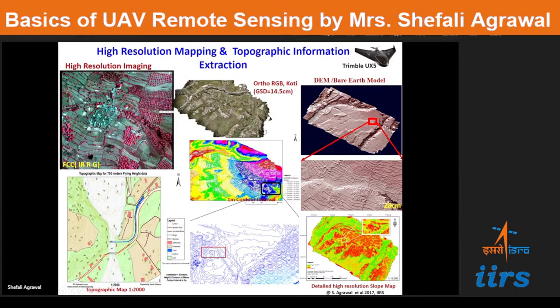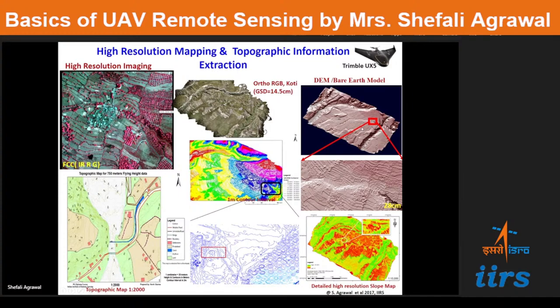And this is an agriculture field where you have orchards in between a small rural area, where a 1 meter contour interval could be generated. And from this, even the bare earth, that is, minus the terrain features like trees and buildings, the actual slope or terrain can be generated, because the density of the height points is so much that I can subtract the surface feature heights and get the bare earth height itself.